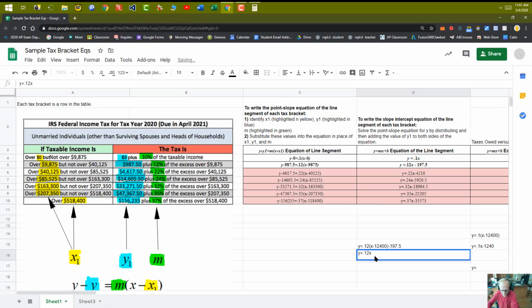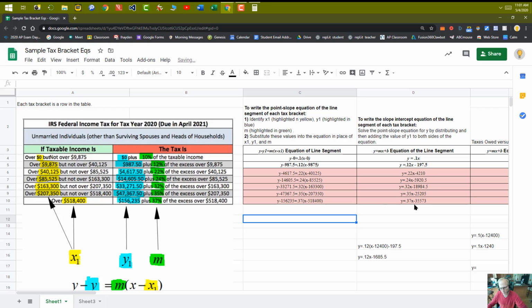So that means it's minus 1685.5. Let me do it up there. Minus 1685.5. I did 86.5. 85.5. Okay, so now I'm going to write my equation right here.